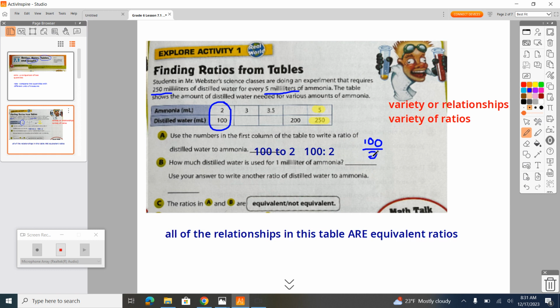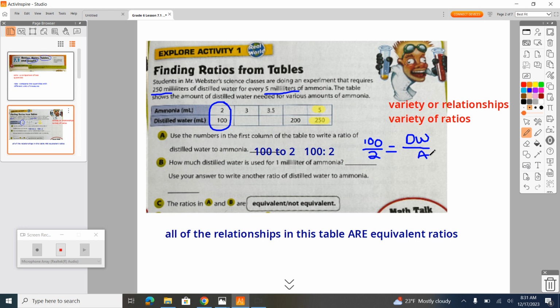How much distilled water is used for 1 milliliter of ammonia? So over here, we want our distilled water to our ammonia, and we want ammonia to be equal to 1 milliliter.